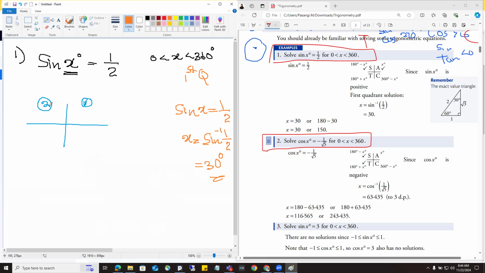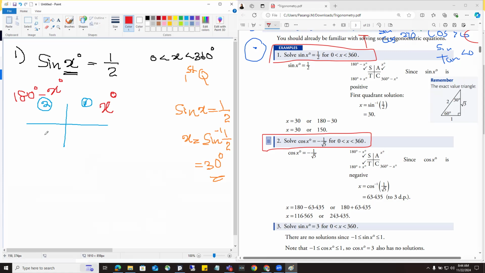What about the second quadrant angle value? If the first quadrant angle is x, the respective second quadrant angle is 180 minus x. Just remember like that.